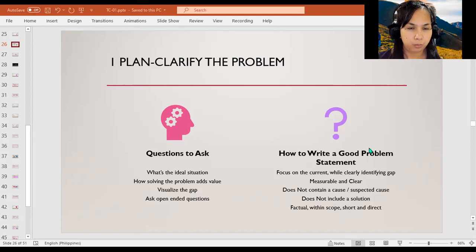Okay, so beginning with clarifying the problem. As an overview, the first step of the practical problem solving method is to clarify the problem. Now, this step really has many aspects associated with it. The first of which is to always protect the customer through containment.